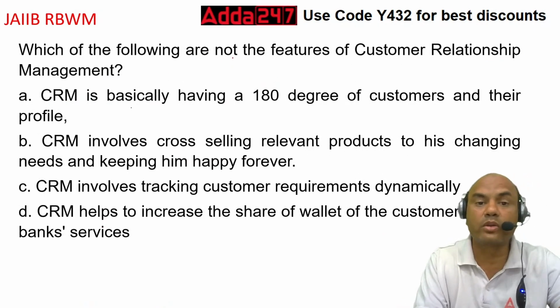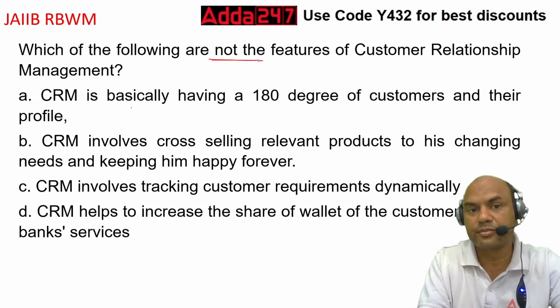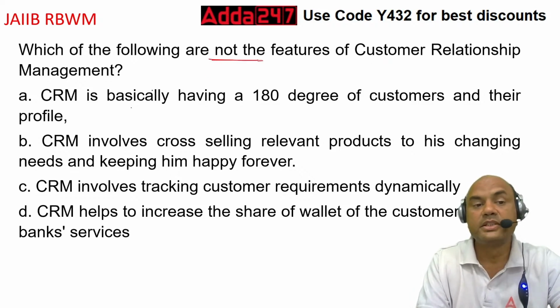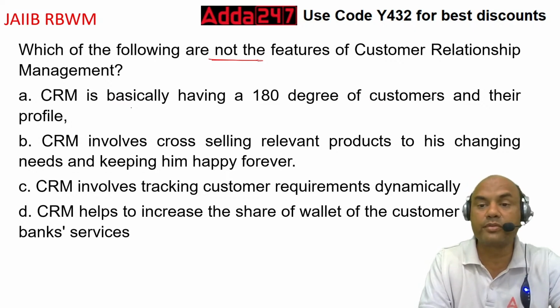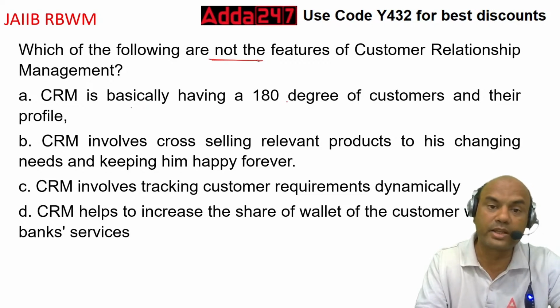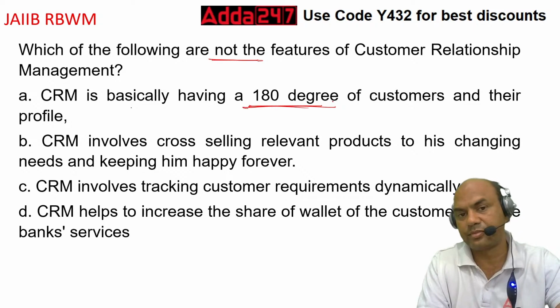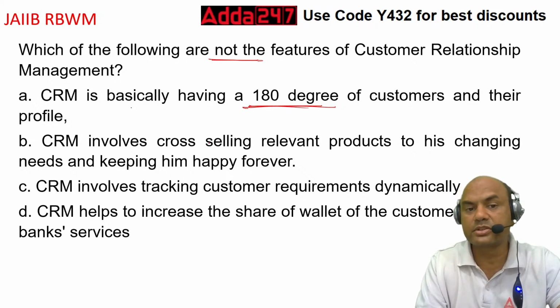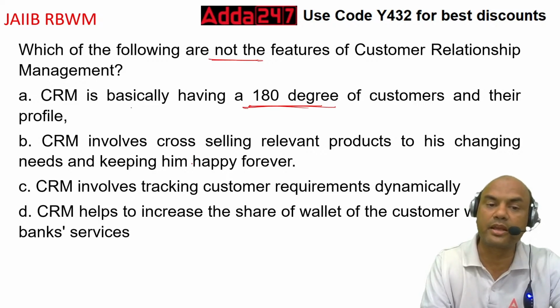Which of the following are not the features of CRM? Not the feature of CRM. You want not, huh? CRM is basically a 180-degree view of the customers and a profile. CRM involves cross-selling relevant products to their changing needs and keeping them happy forever.